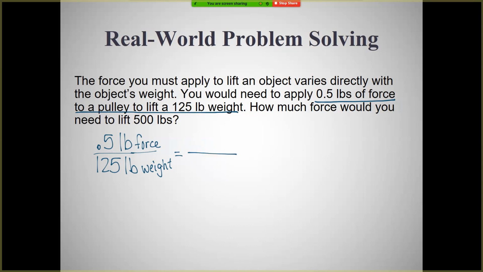When I set up my second fraction, I've got to use the pounds of force divided by the pounds of weight I'm trying to lift. In this case, I'm being asked how much force would you need to lift 500 pounds? So I'm trying to lift a 500-pound weight and figure out how much force is needed.